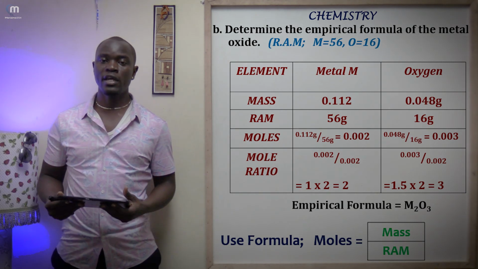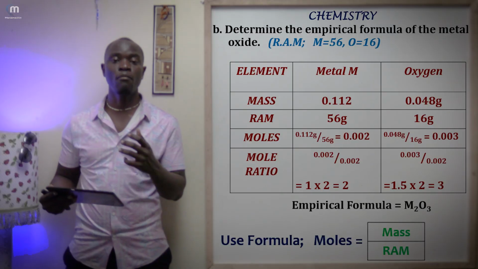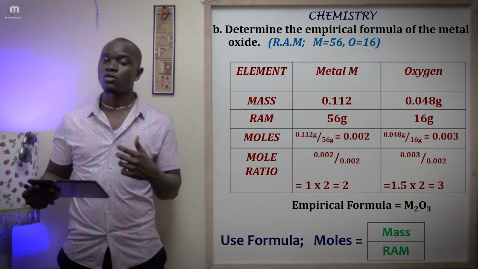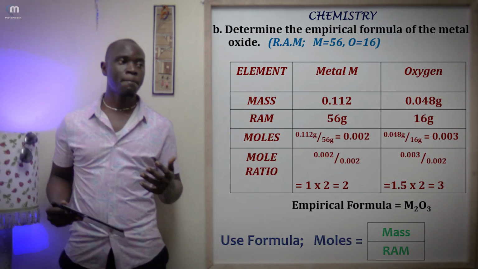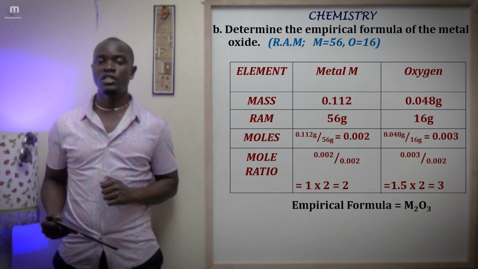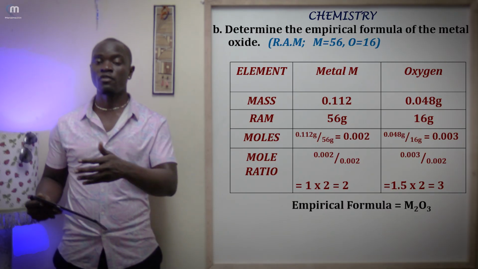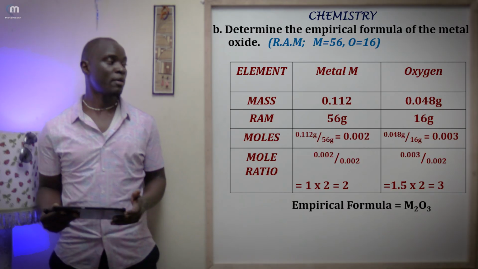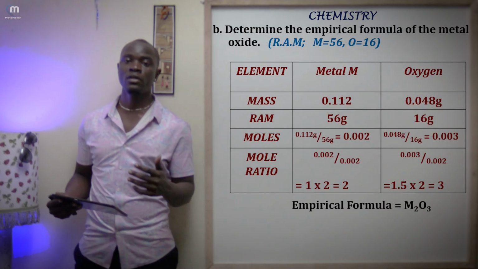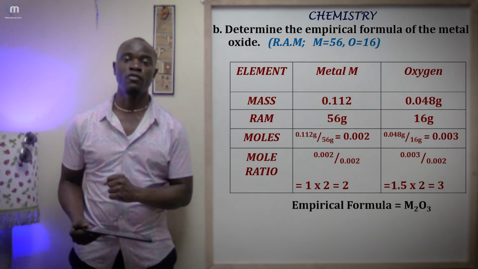So here what you are going to get is 0.003 as the moles of oxygen. Remember, the moles of metal M that you have just obtained is 0.002. The moles of oxygen after calculating is 0.003 moles. So as you can see, those are the moles that you have gotten.